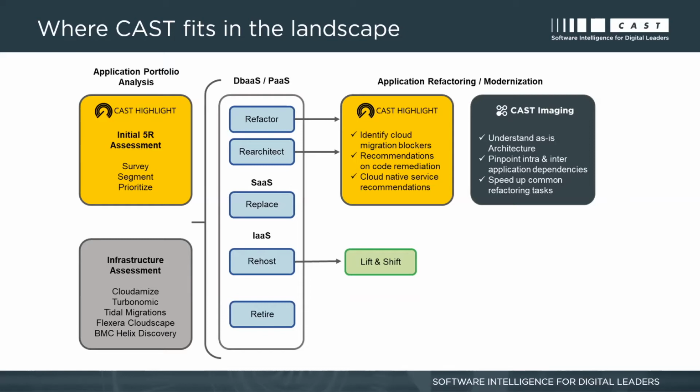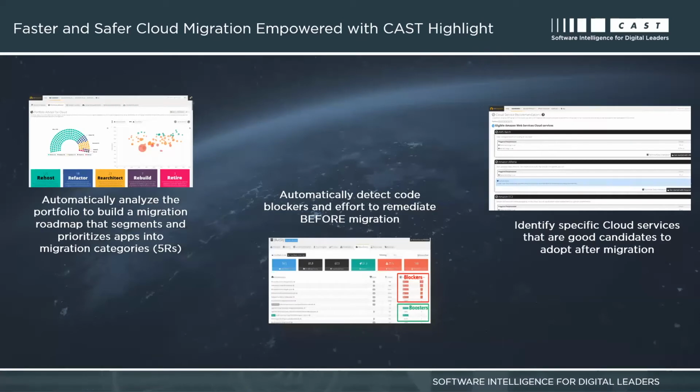This is often used when figuring out exactly how to refactor or re-architect a complex software system. So that's where the CAST technologies fit into the overall landscape. What we're going to show in a quick demonstration is, first, how we analyze at the portfolio level a group of applications and start to segment and prioritize them into different migration categories.